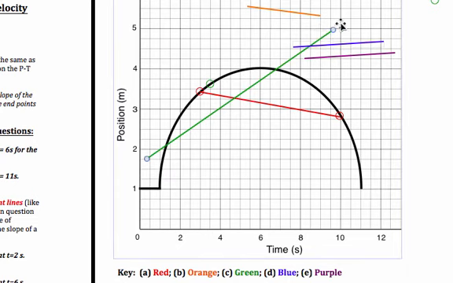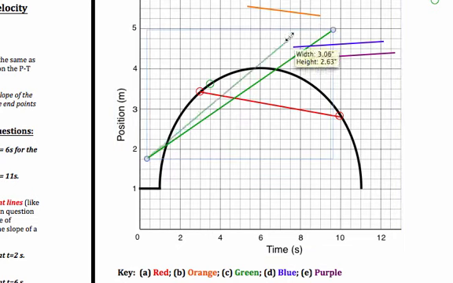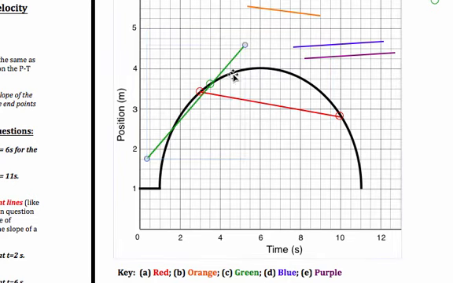And I'm going to try to find that slope. Now, how do I go about doing that? Well, I'm going to use a method where I go equal distances in time on either side of the point I'm interested in. So since this is 3.5, I would need to go to 4 seconds and to 3 seconds.